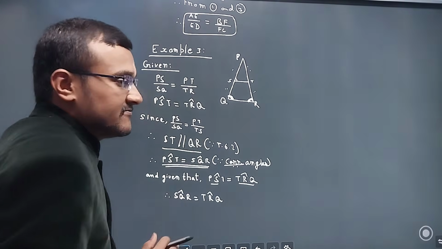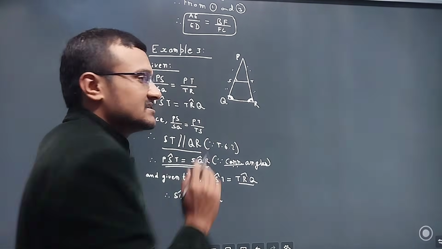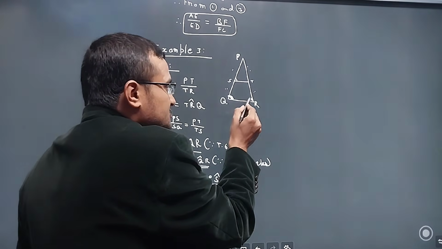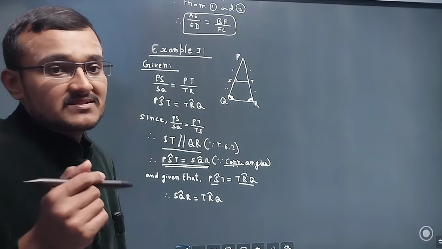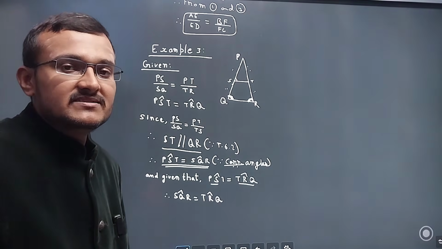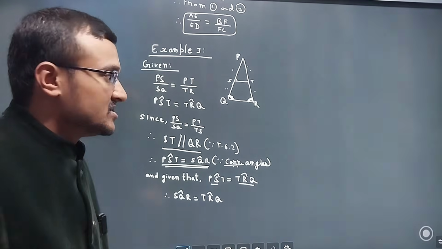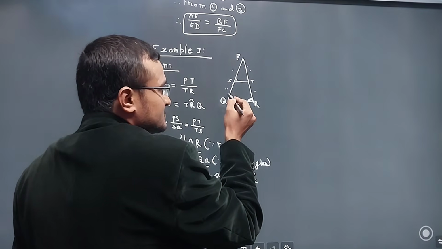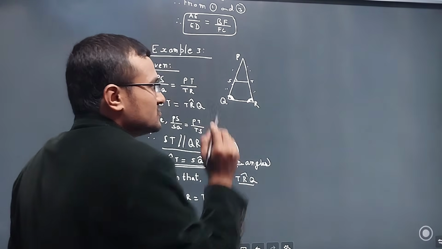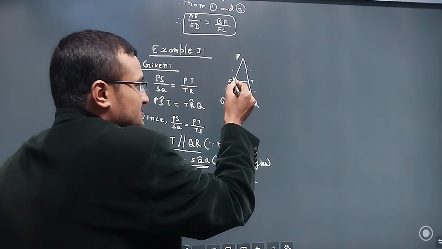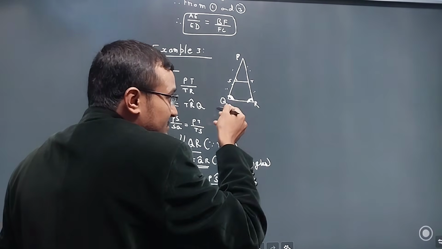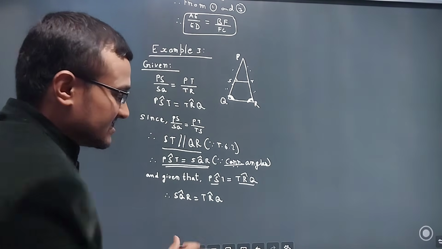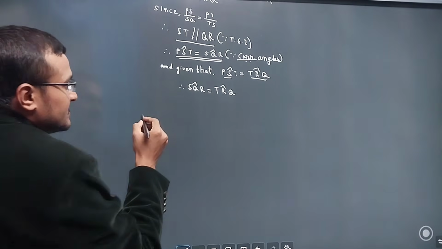If two angles are equal in a triangle, then the opposite sides of those angles will be equal. That is the theorem which we have learnt in 8th standard and 9th standard. So here you can see PQR is equal to PRQ, so PQ will be equal to PR. That is the isosceles triangle theorem.